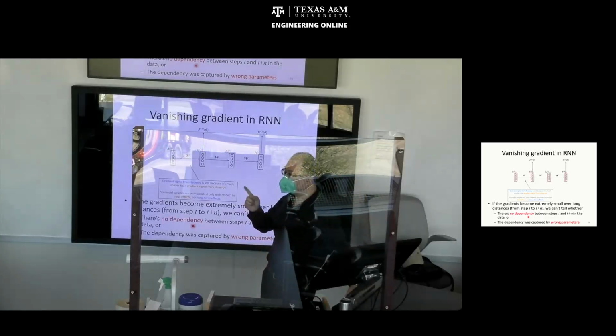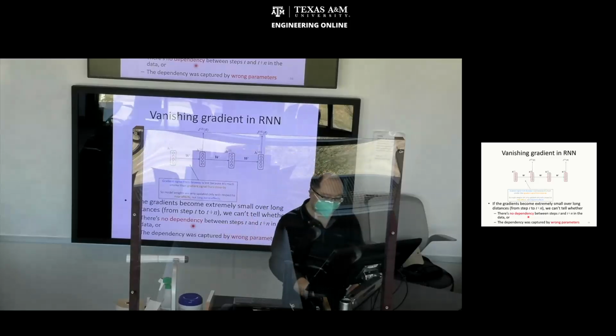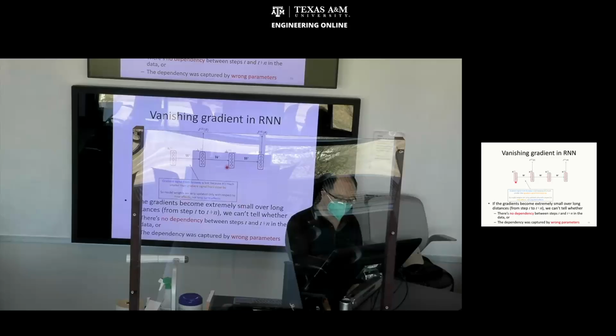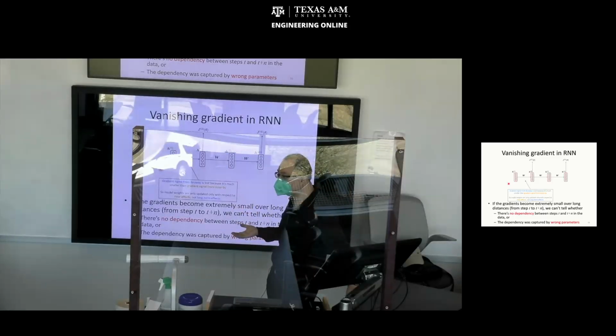But don't forget that there's a difference between representability and learnability. Another scenario is there is a dependency, but you learned a wrong parameter w, and that w tells you there's no dependency. So once the gradients become small over long distances, you don't really know whether it's supposed to be that way and you did it right, or it's not and you did it wrong.